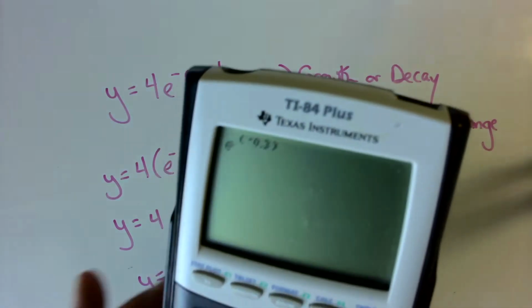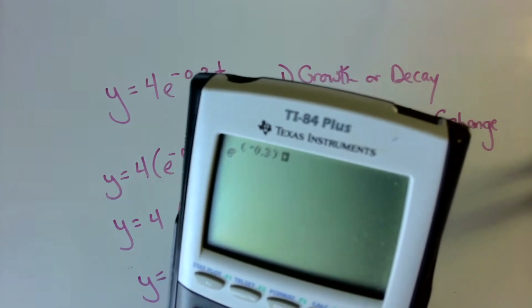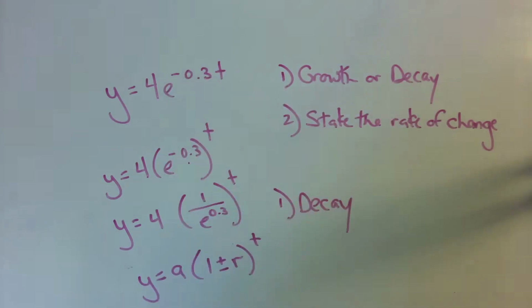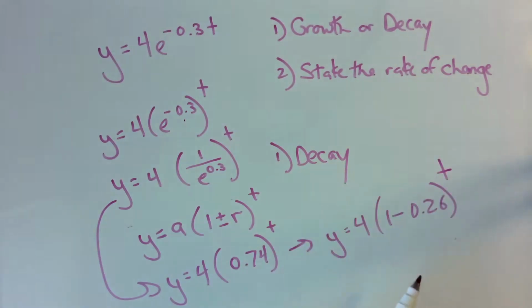So in my calculator, I'm putting e raised to the negative 0.3, and I find out that that is 0.74. And so if I want to represent that as 1 plus or minus the rate, well, 1 minus 0.26 is going to get me 0.74. If you're not sure of that, subtract 0.74 from 1. And so my rate of change is 26% decrease.